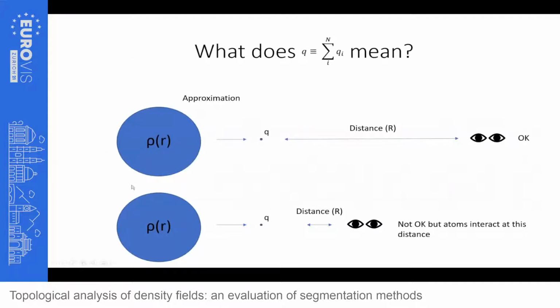And this is what we mean. You have a huge charge density, which occupies a big volume, and then you approximate it as a point charge. And if you look at it from a long distance, it's okay. But if this distance is short, the description is no longer valid.